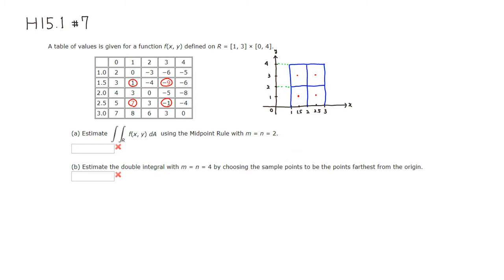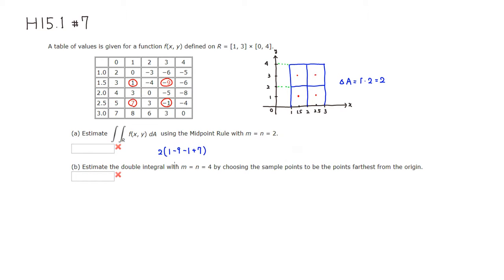All right. So in this case, delta A is easy to come up with. Its base is 1 times height is 2, so it's going to be 2. So it's 2 times the sum of all these values: 1 minus 9, and minus 1 plus 7.